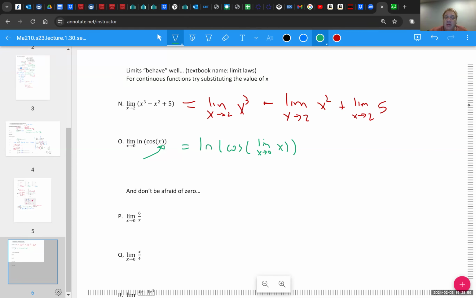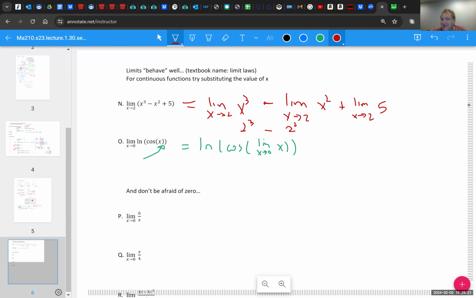Now, for these particular problems, this is a continuous function. So if they're continuous, you can try substituting the value of x. For this one, the limit as x approaches 2 of x cubed would be 2 cubed, and the limit as x approaches 2 of x squared would be 2 squared. And the limit as x approaches 2 of 5. Now you have to be careful here.